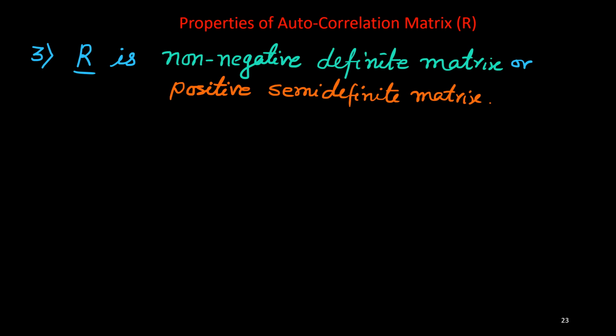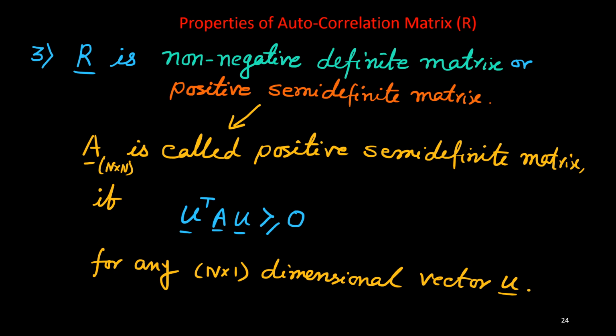Next property, the third one, I'll consider R is a non-negative definite matrix, also called a positive semi-definite matrix. What is the meaning of positive semi-definite matrix?